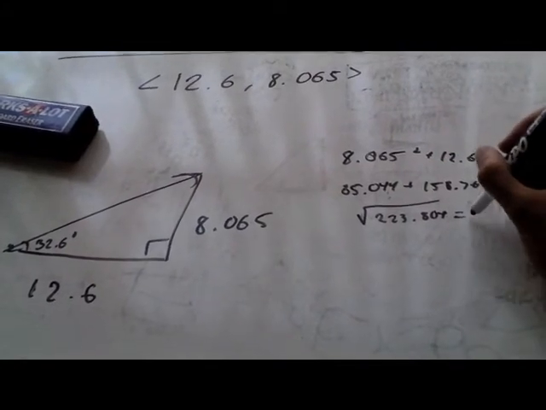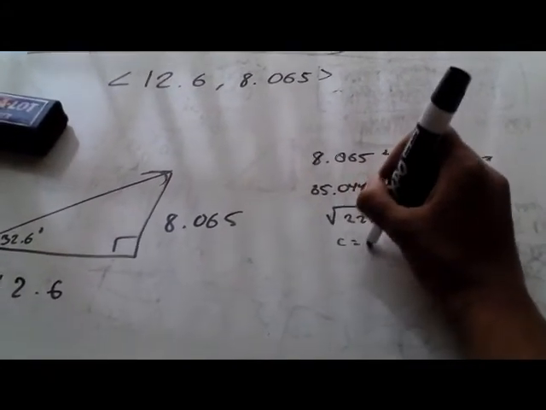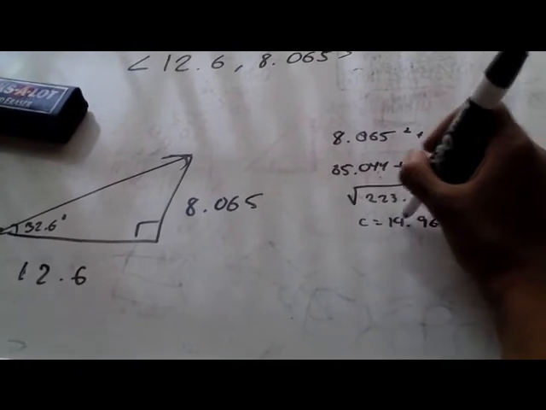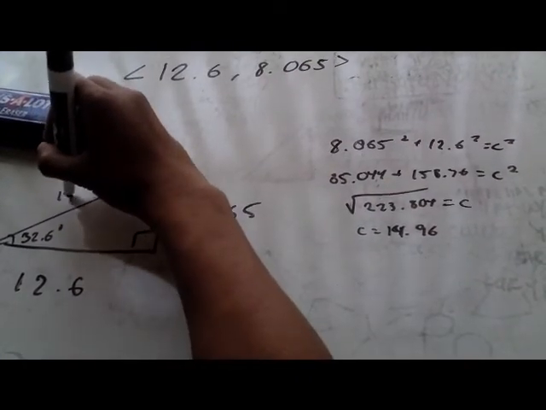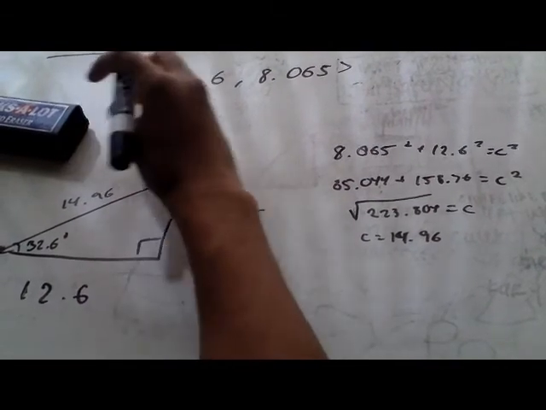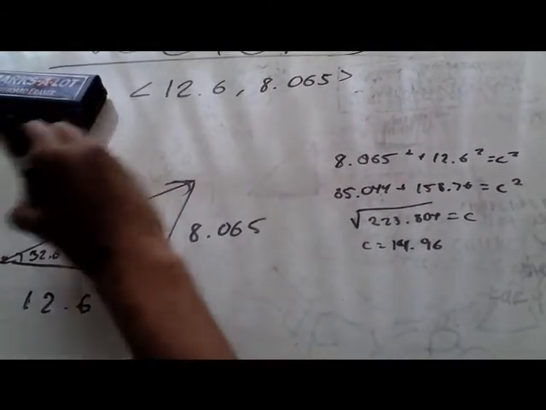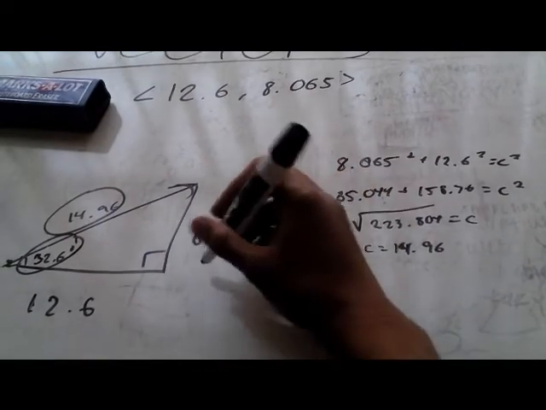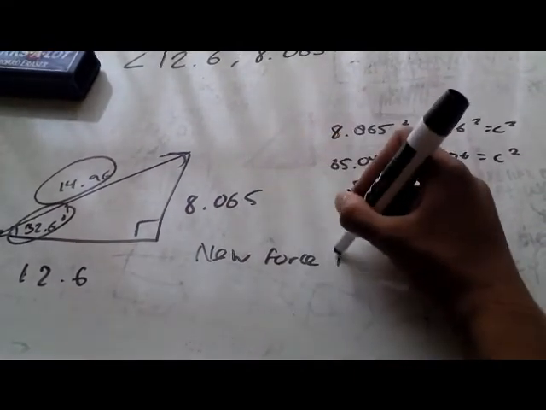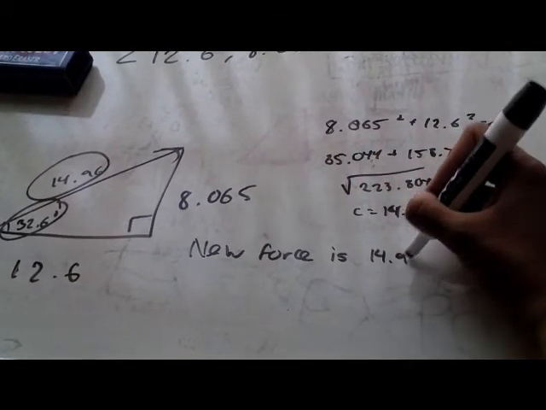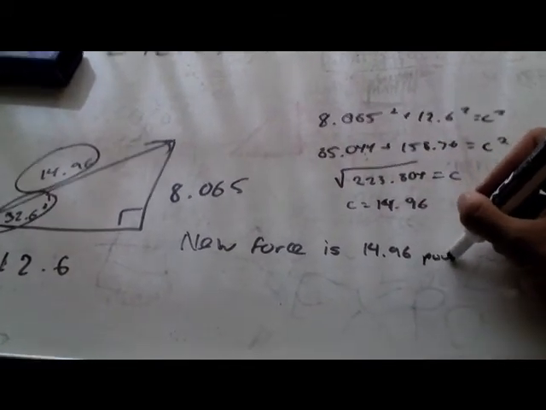You should get 223.804 is equal to c. And so c is equal to 14.96. And that's the new resulting force, 14.96 pounds at an angle of 32.6 degrees. And we are done with vectors. I'm just writing down the answer right now.